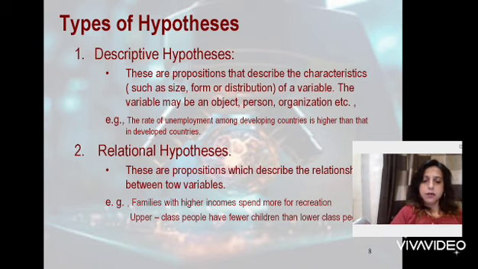When I say public sector banks are performing better than private sector banks, we are trying to justify the relational hypothesis, wherein we see the support of government to public sector banks rather than to private sector banks, which are actually running on their efficiency and management. Here also, if we say upper class people have fewer children than lower class people, directly or indirectly we are relating one particular event or entity with another in terms of one basic characteristic.